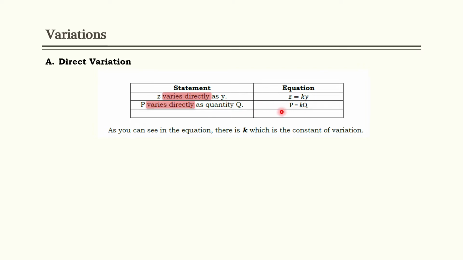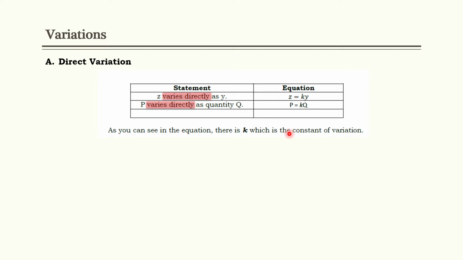Nakuha nyo? So ganito lang gumawa ng equation galing sa statement. And this is very important. As you can see, in the equation, there is K, which is the constant of variation. So hindi pwedeng Z is equal to Y. No. Hindi na siya direct variation. So ang gagawin natin, dapat merong constant K. If you will ask, sir, K lang ba talaga yan?